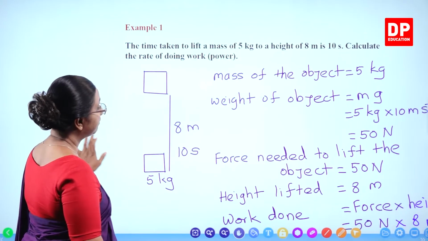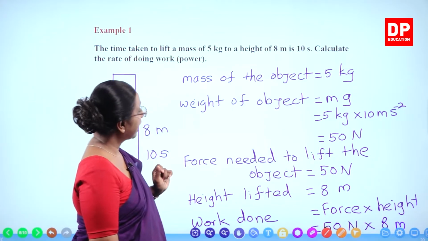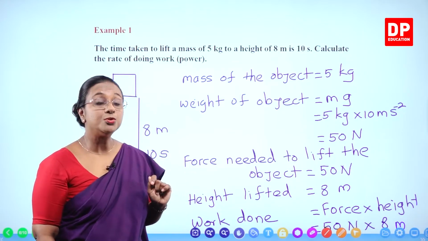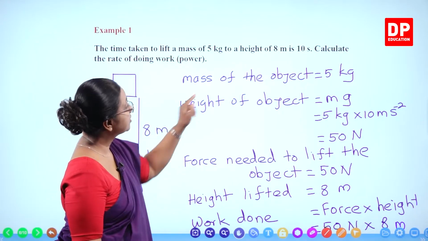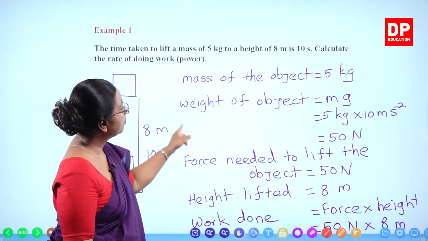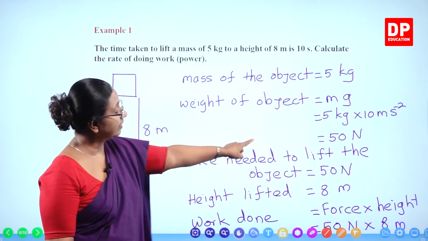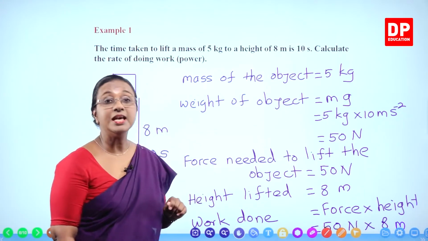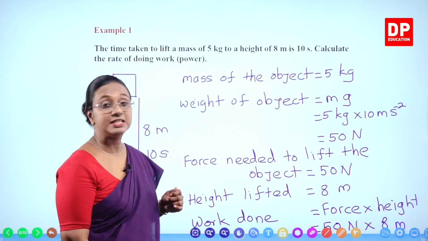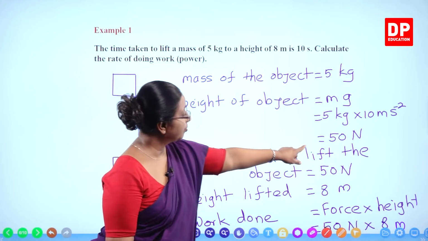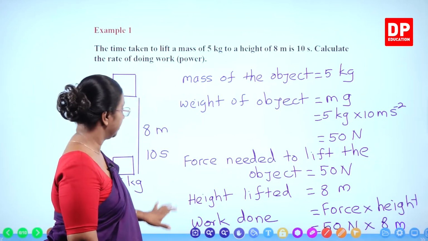To do that, what do we need to do? We need to calculate the weight of the object and we need to find the work done. So the mass of the object is 5 kilograms. The weight of the object is mg. W equals mg. So we multiply 5 kilograms by gravitational acceleration, 10 meters per second squared. So you get the answer as 50 Newton.